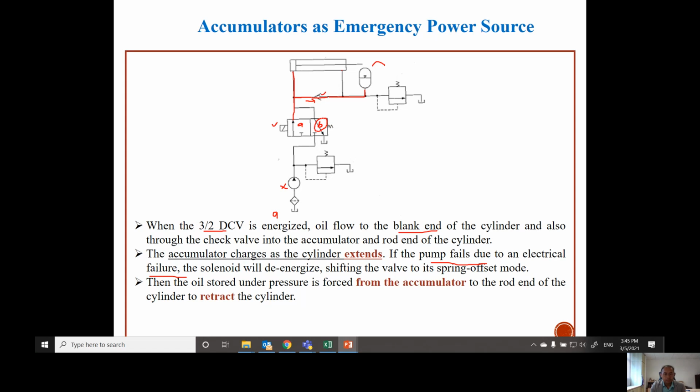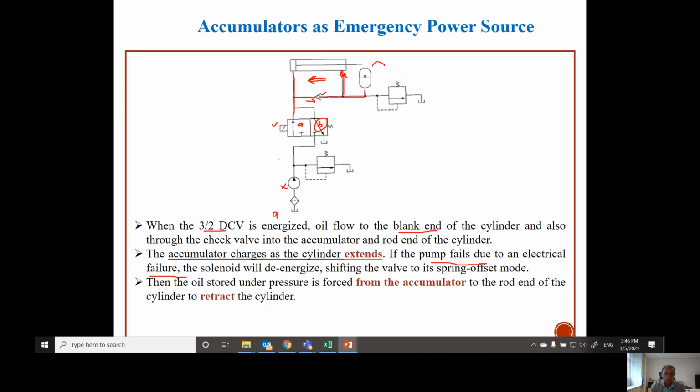And during this time, in order to allow the cylinder to retract, the oil has to go from this end in this direction. So when the pump is off or broken, this accumulator will provide the flow to the rod end of the cylinder, and then the cylinder can retract.